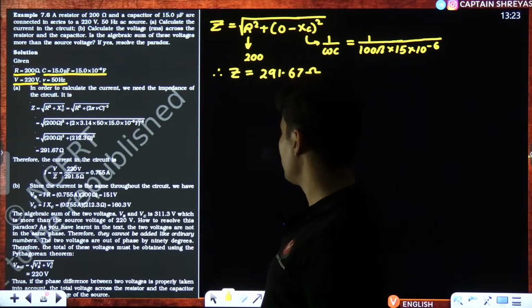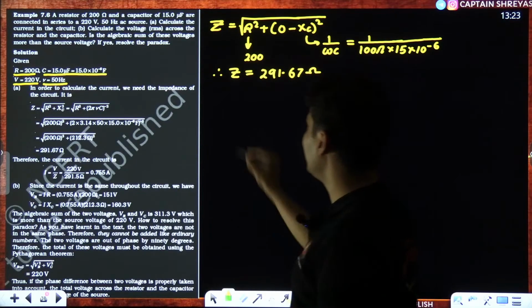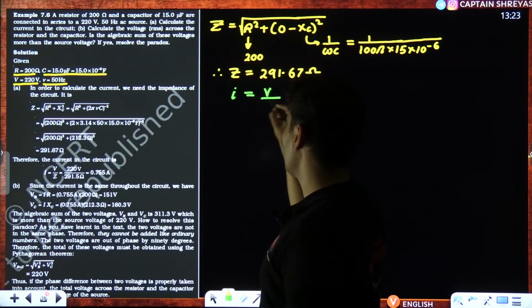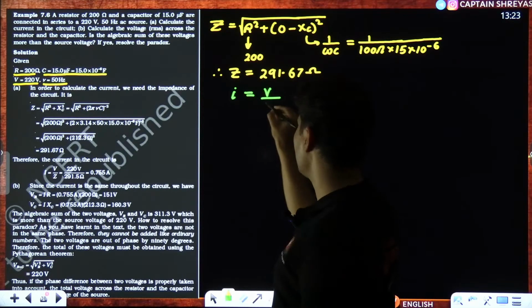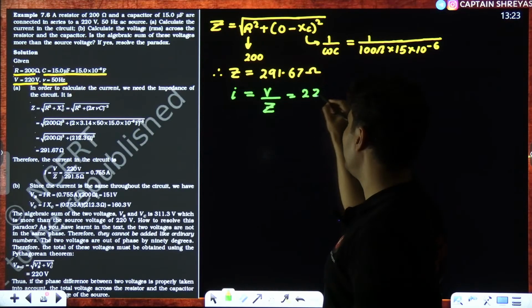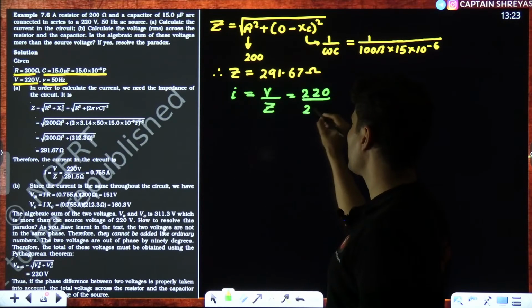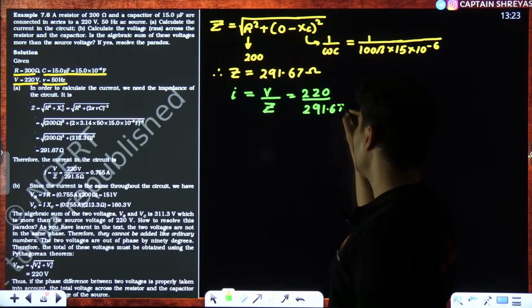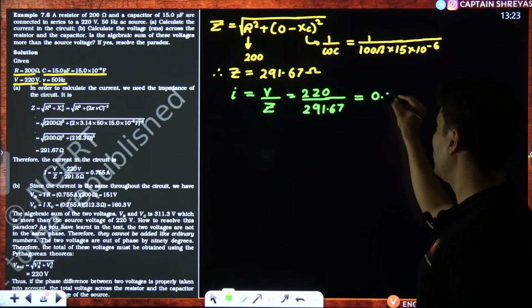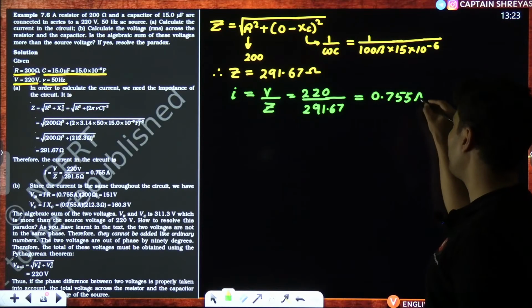Once you get the value of Z, calculating the current is not a big deal. The current is nothing but the voltage by resistance, but in this case the total resistance. The RMS voltage was 220, impedance was 291.67. Solving this, they have found the current to be 0.755 amperes.